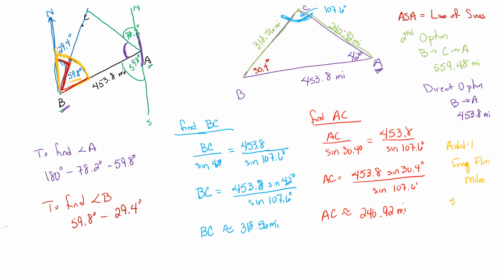You would simply subtract the second option and the direct option, and this guy would get 105.68 additional frequent flyer miles if he went with the second option. So, might be beneficial, might not. I think it depends how much additional time it's going to take too. But that's just my opinion. Cool? Are you with me?